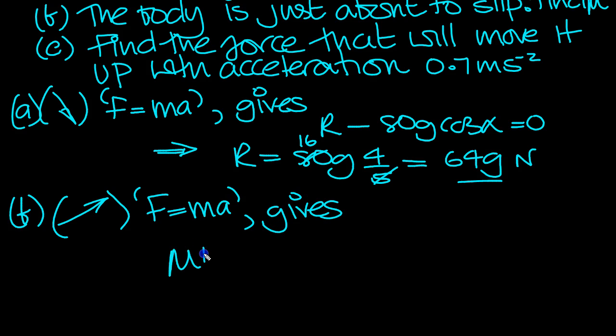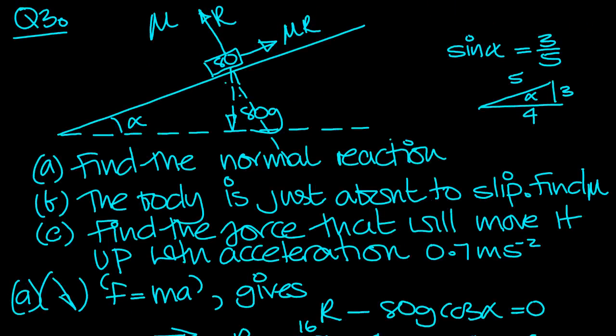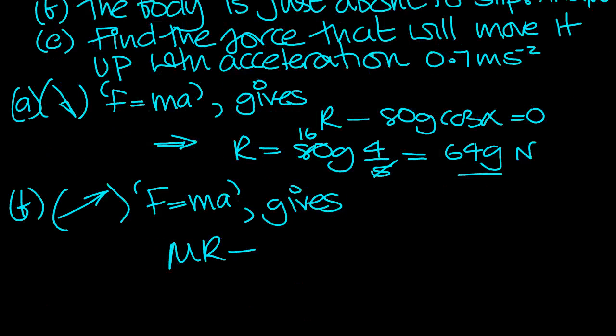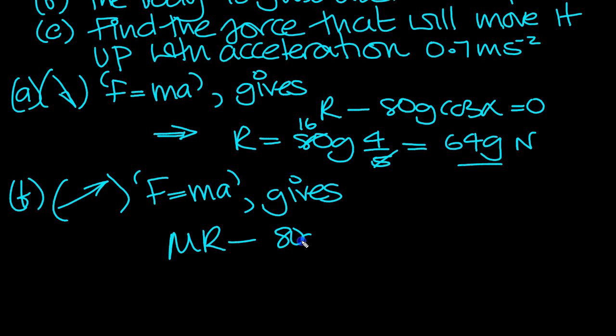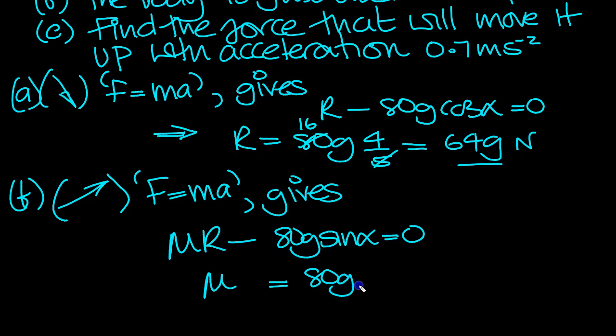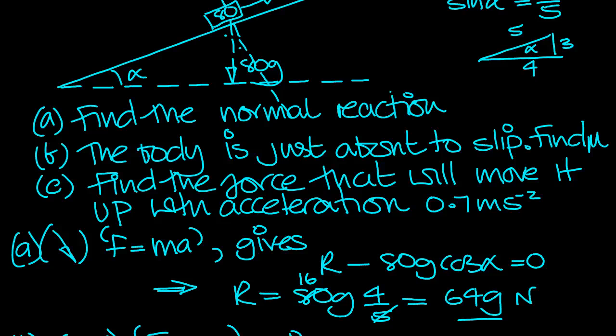So we've got mu R minus the force acting down due to the weight, 80g sine alpha, equals 0. So that tells us that mu R is equal to 80g sine alpha, and we know sine alpha was 3/5, wasn't it?